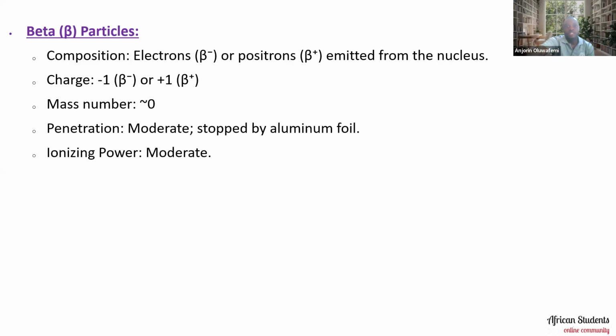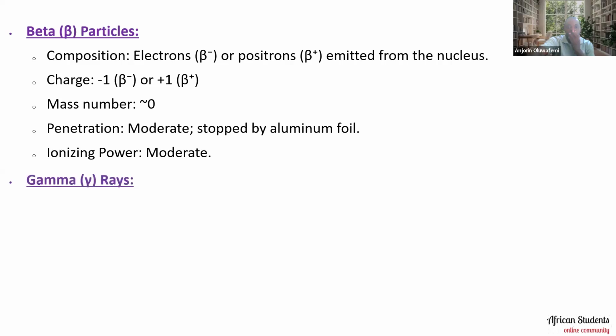Now, when there is a beta emission, our mass number remains the same, but the atomic number increases by 1. For an alpha emission, the mass number decreases by 4, and the atomic number also decreases by 2.